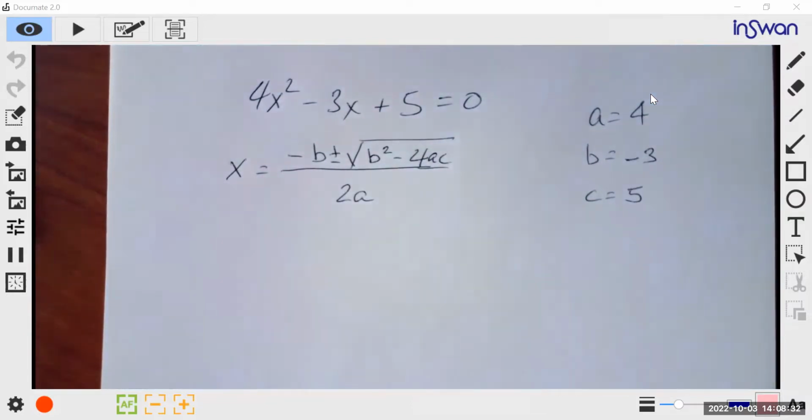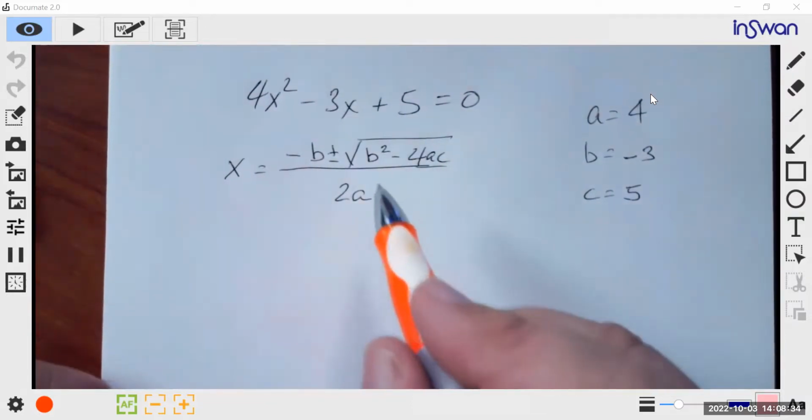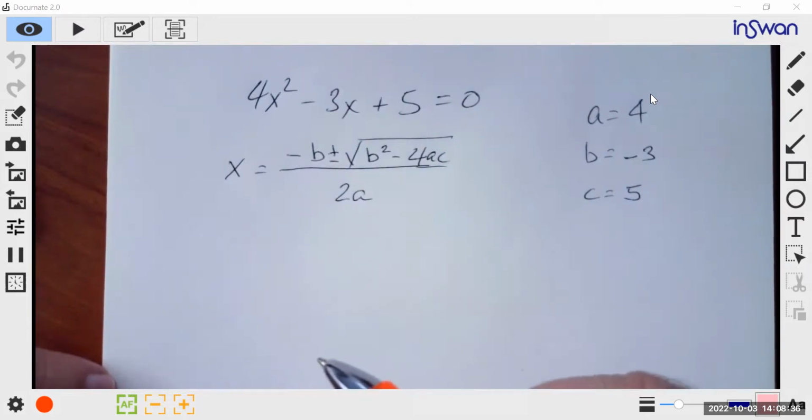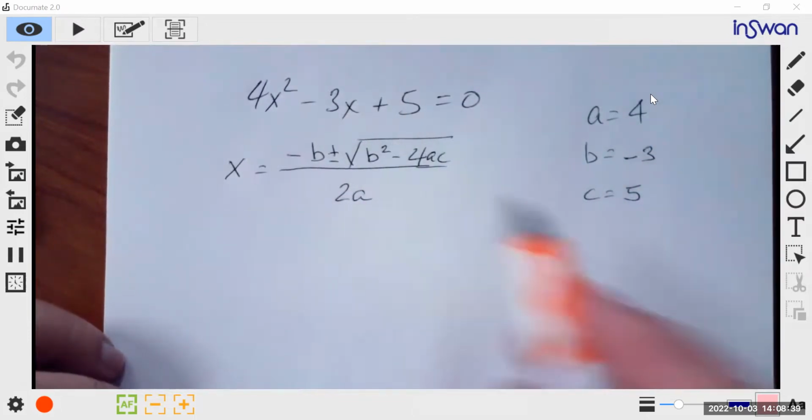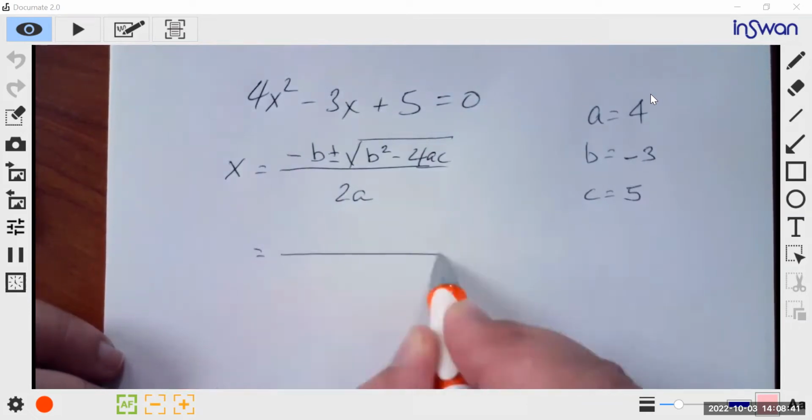I would suggest to always start off by writing your formula down first to help you memorize it. So you have the equation, you have A, B, and C. Start off with this. Now start plugging in.